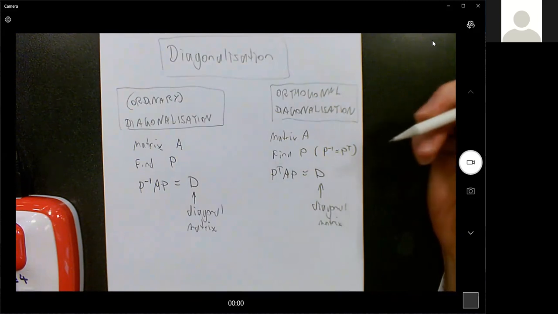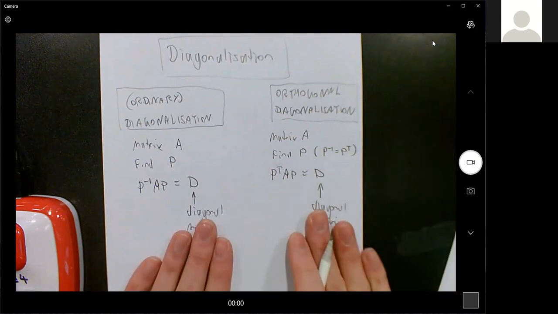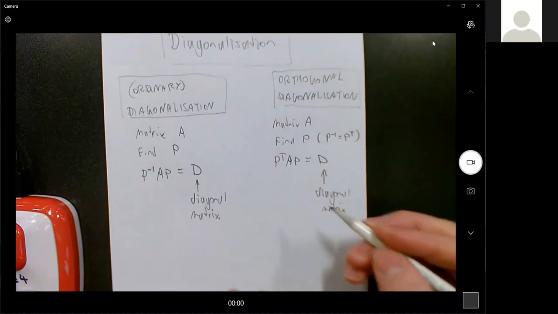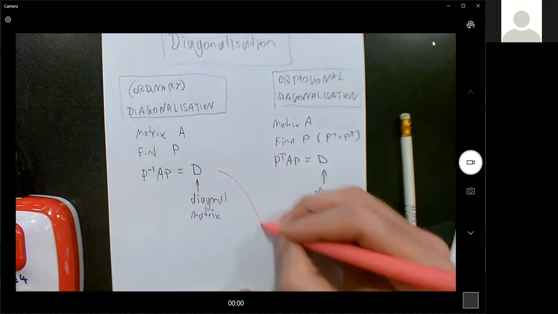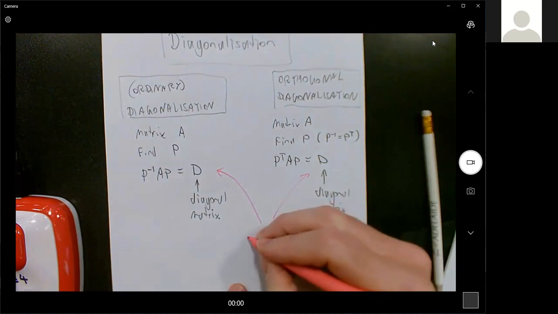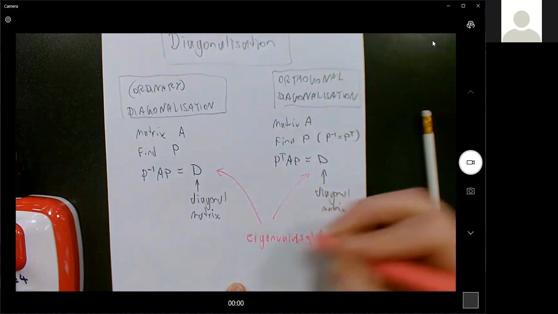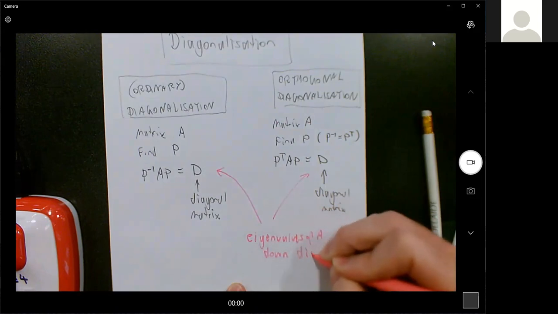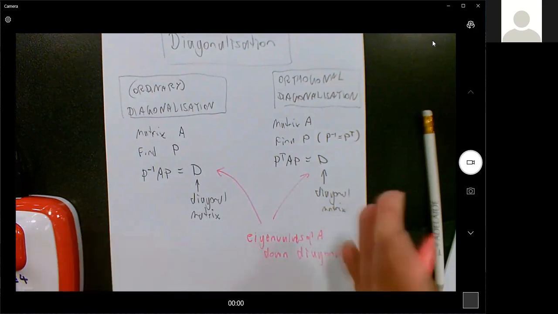All right. In both situations, the matrix D has eigenvalues of A down the diagonal. That makes no difference. It's the same in both.